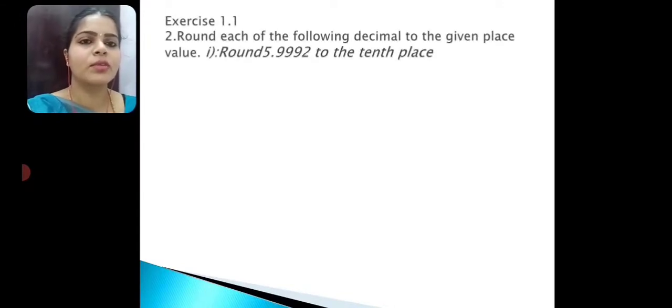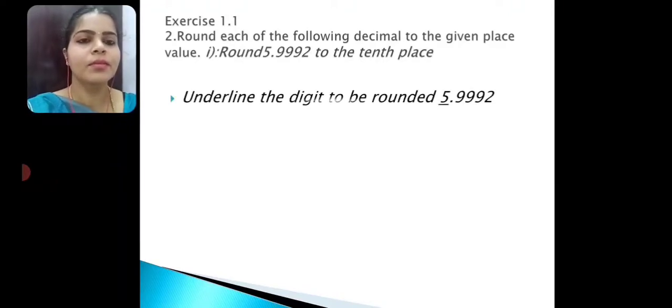Now let us solve the second problem. Round each of the following decimals to the given place value. In the first Roman number problem, round 5.922 to the 10th place. First step, underline the digit to be rounded. We have underlined the digit 5.